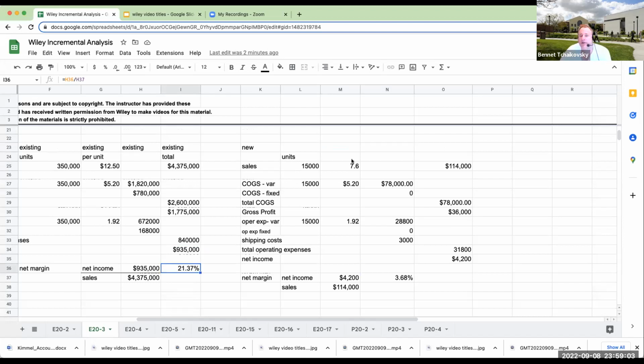Not only that, you're normally selling something at $12.50. You're giving your customer right over here like a $4.90 discount, or almost a 40% discount.